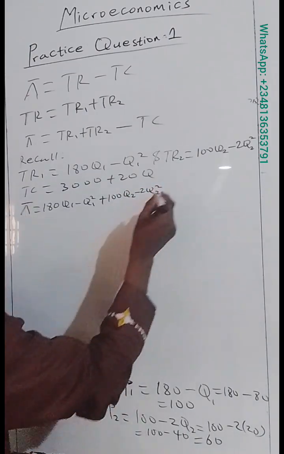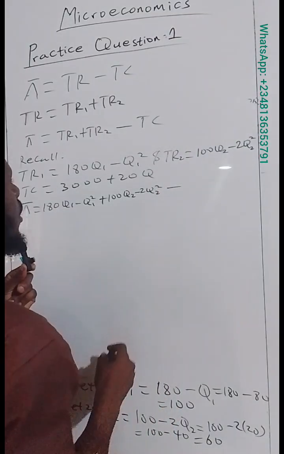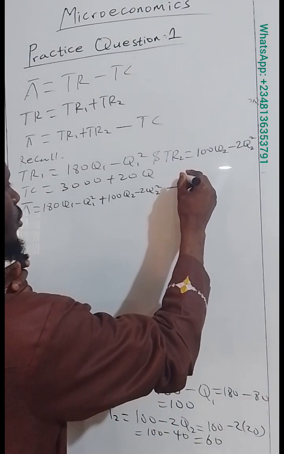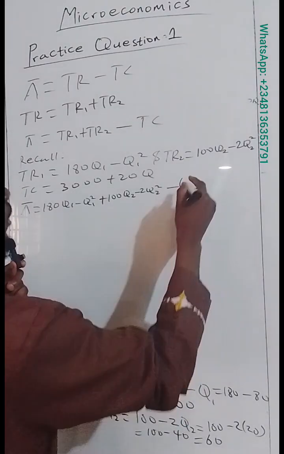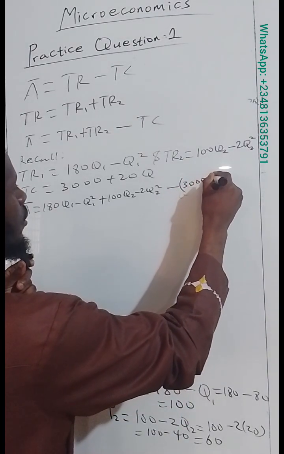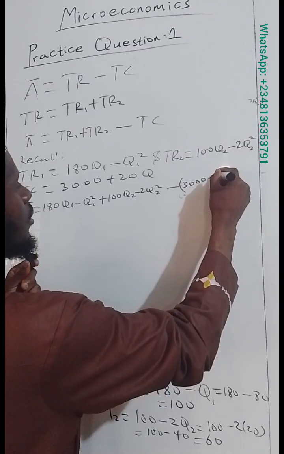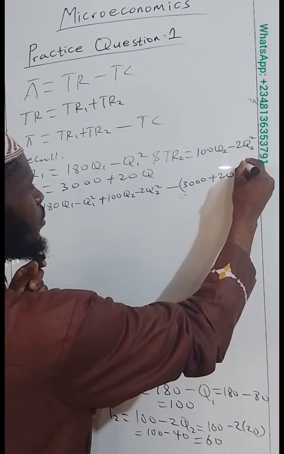This is our total revenue. Then we have minus TC. What's our TC? Ensure you use a bracket to separate that: 3000 plus 20Q.